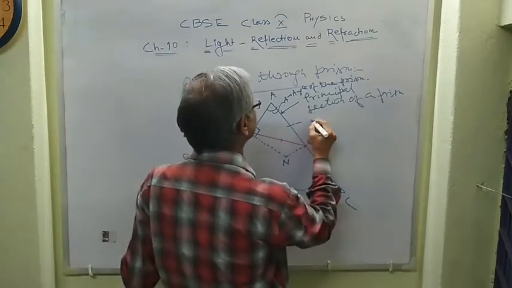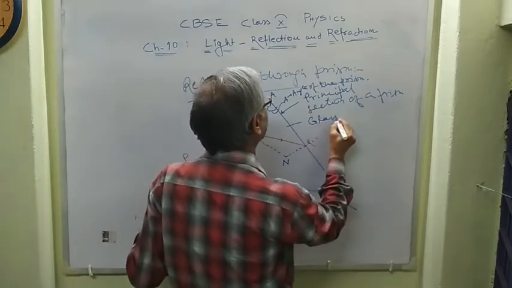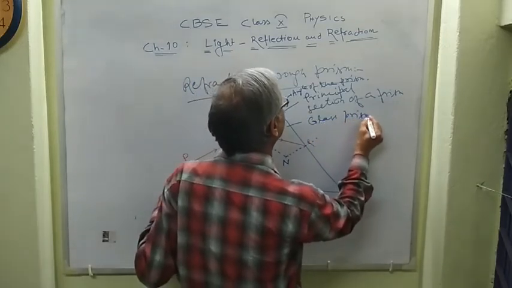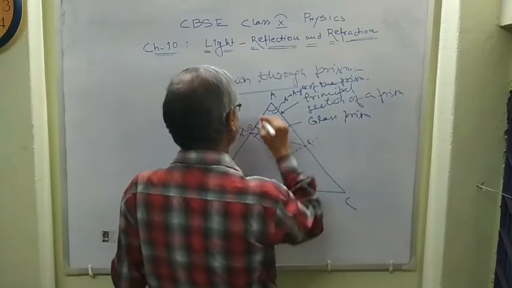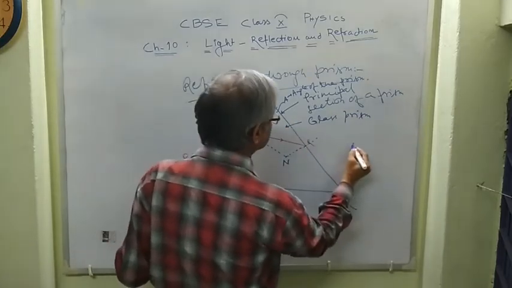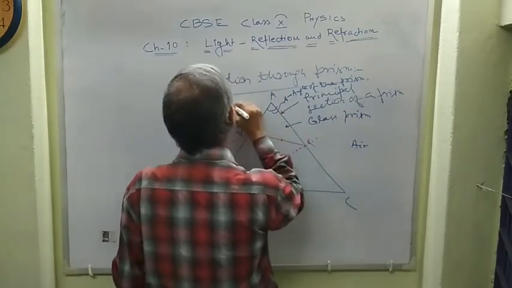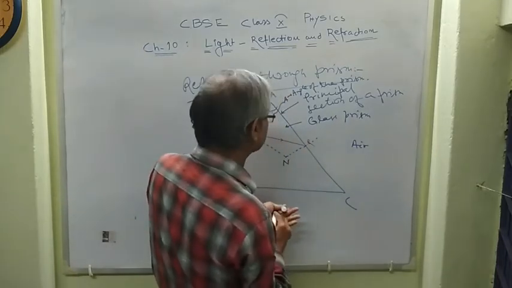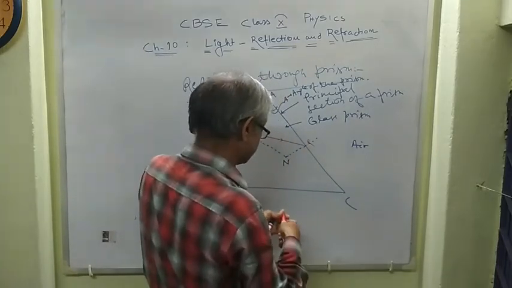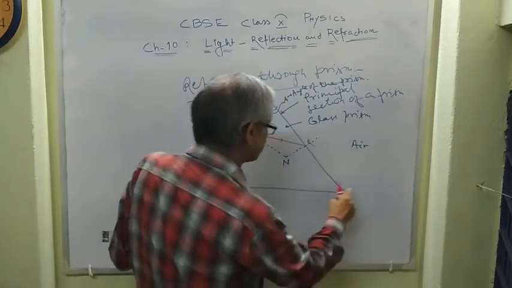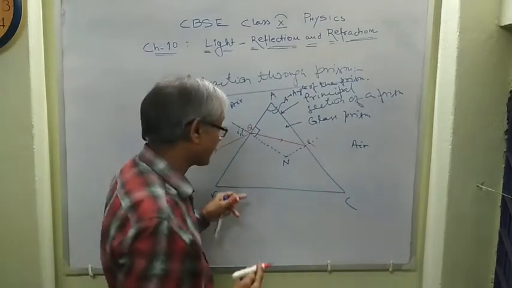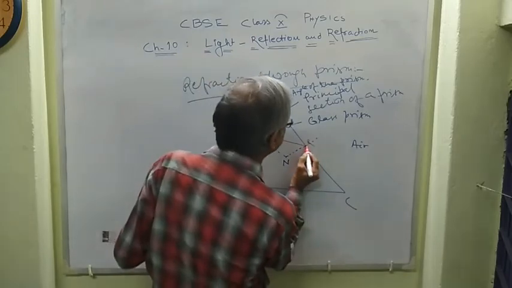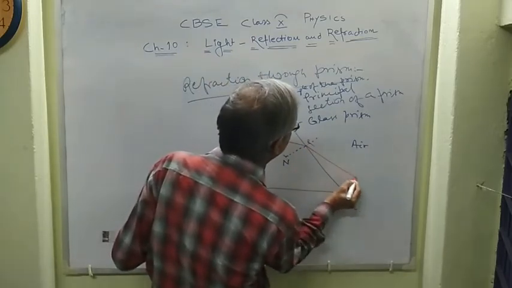This is a glass prism, and this is air. Here the refracted ray bends away from the normal. BC is called the base of the prism, so it bends towards the base. Right?